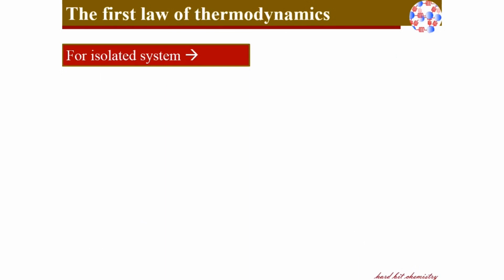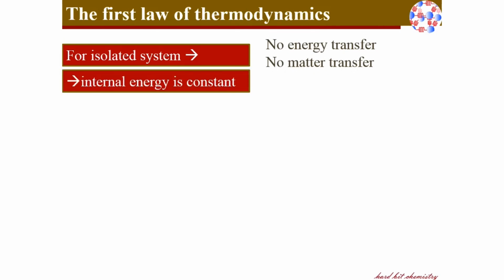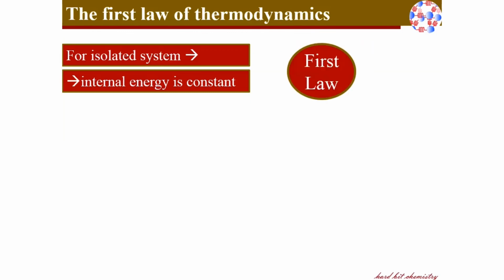Now, considering exclusively an isolated system: by definition, an isolated system does not exchange energy and matter with the surroundings. In that case, the net internal energy remains constant. That is the statement of the first law of thermodynamics.